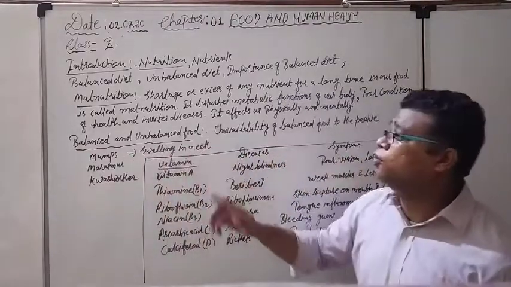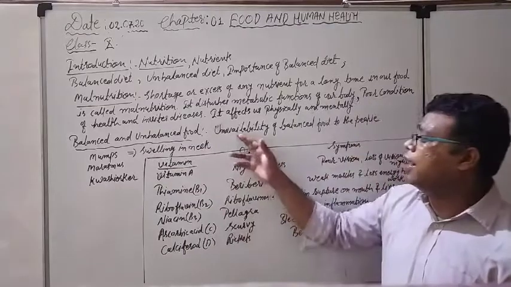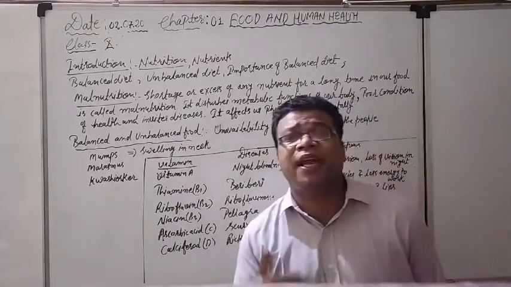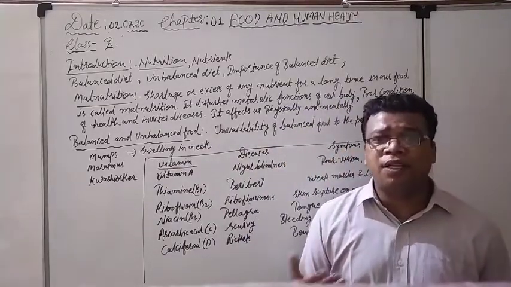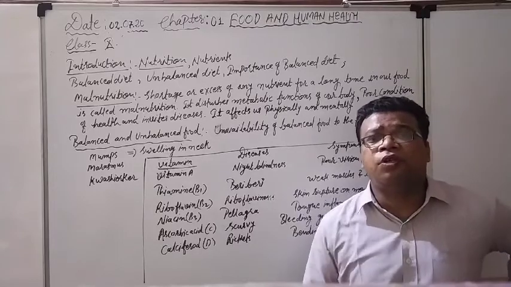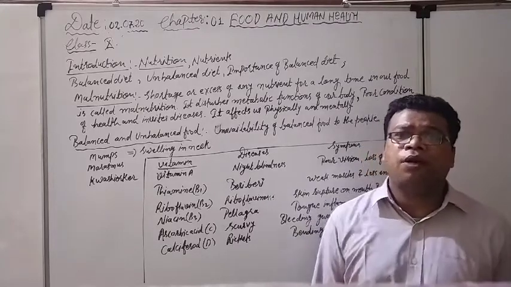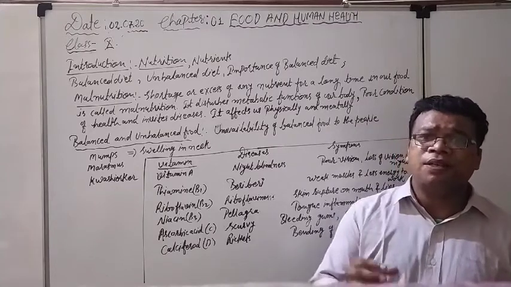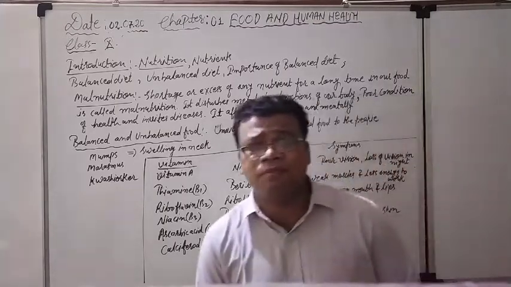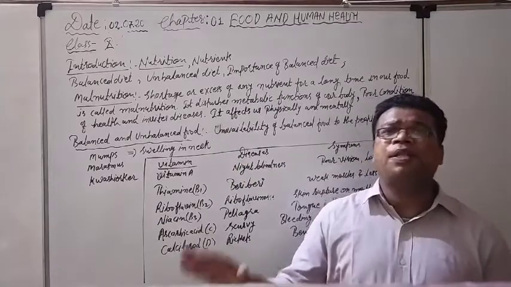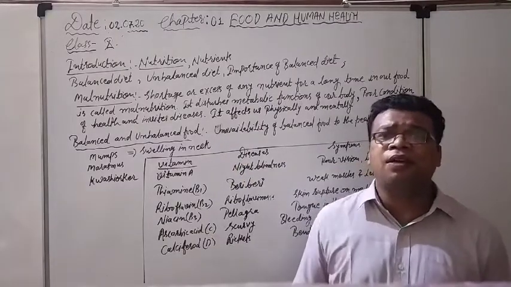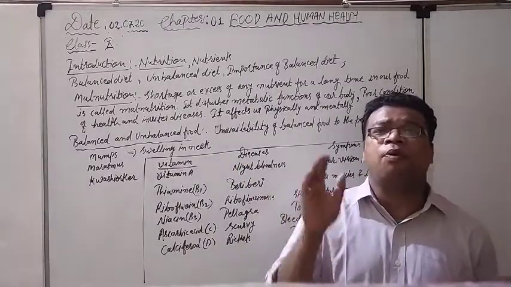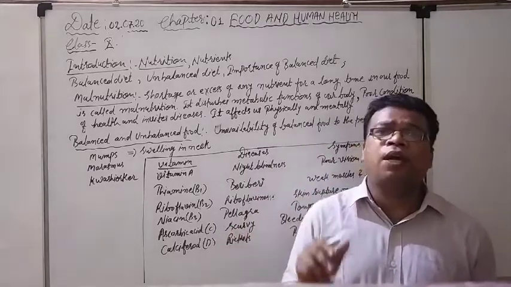Balanced and unbalanced food, again the same thing. In our country like India, the population is more, and right now we can say that in our country many people and many children are not getting proper food material for 2 times.